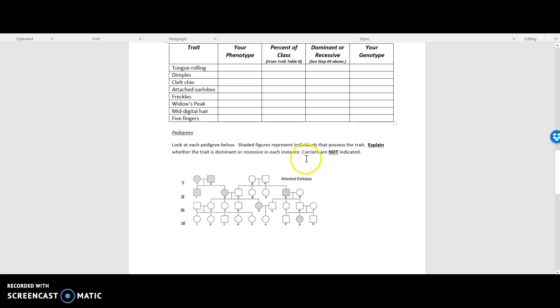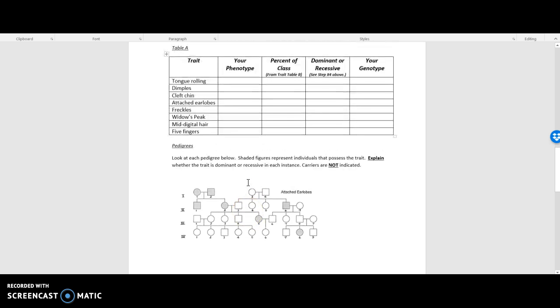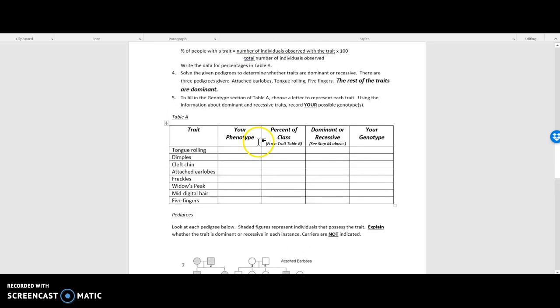The other thing I want to make sure you understand, carriers are not indicated on these, so you won't see any half-shaded individuals. Just keep that in mind when you're solving the pedigrees. The only pedigrees are for these 3 traits. The rest of the traits, like dimples, are going to be dominant. You can fill in the table here with that information.